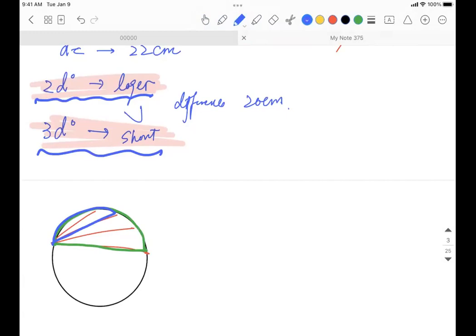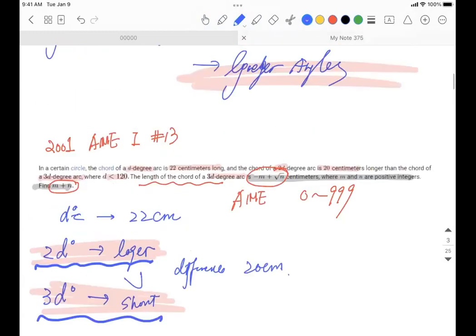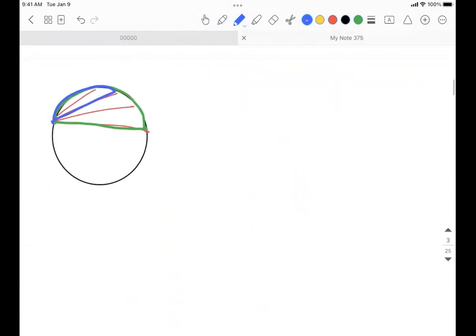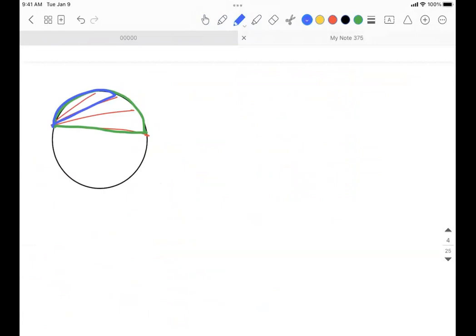So this is one of the tricky parts of this problem. And why does this problem go to question number 13? Because in the circle, talking about the arc, we actually have two kinds of arcs. One is what we call a minor arc.